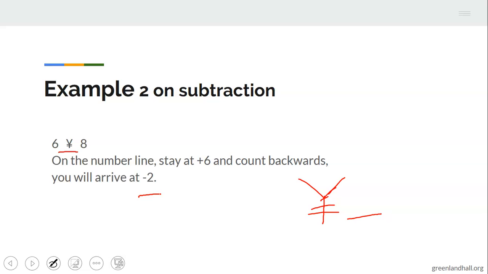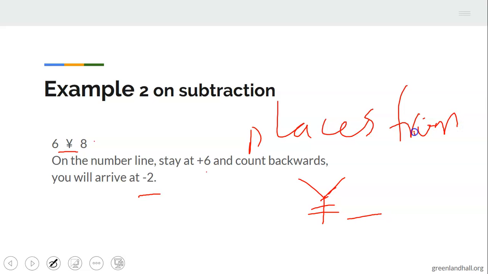From that 6, you count backward 8 places, and you have minus 2. That's why we have minus 2 as the answer. So that is the example of subtraction.